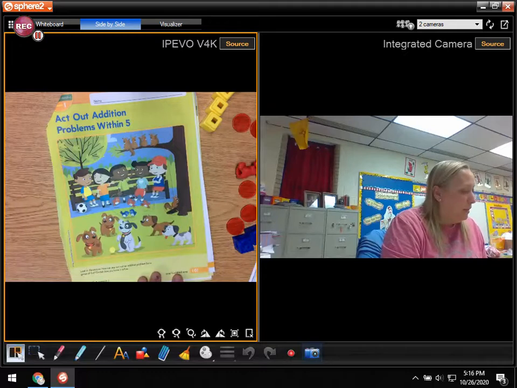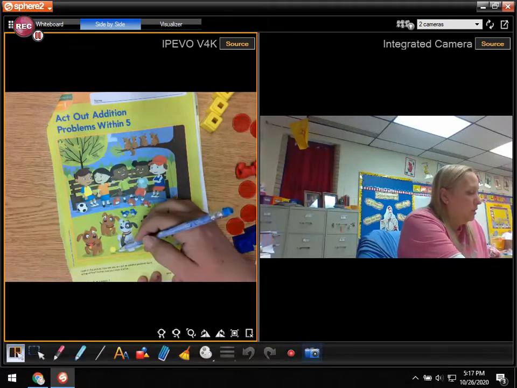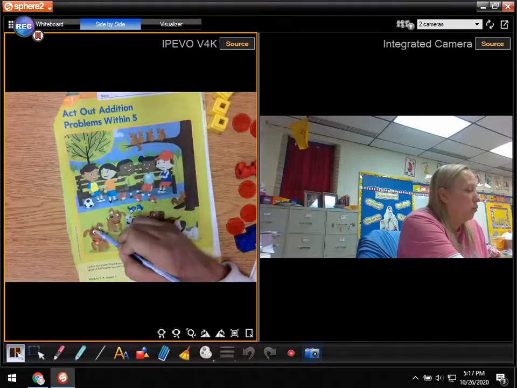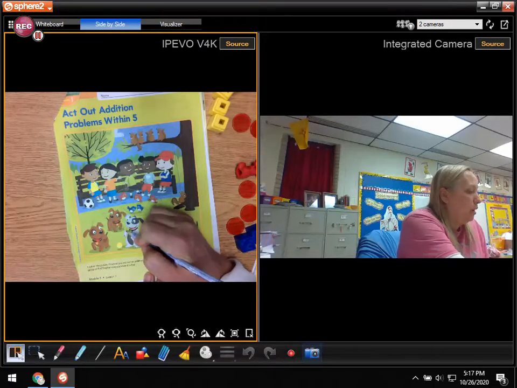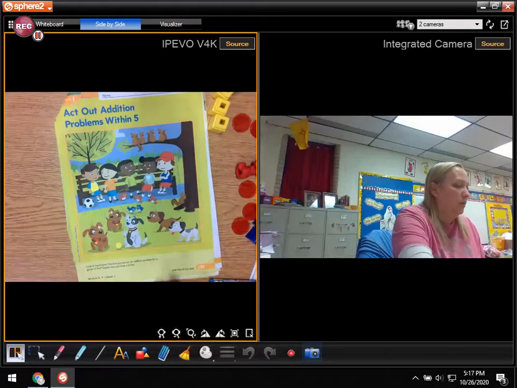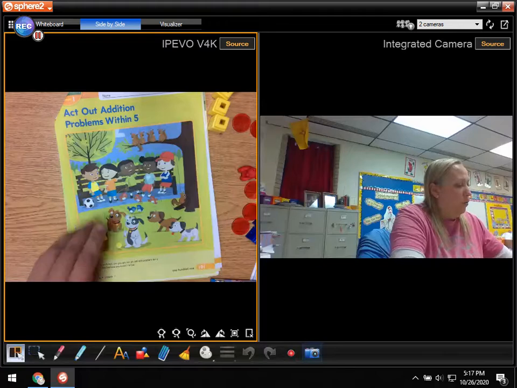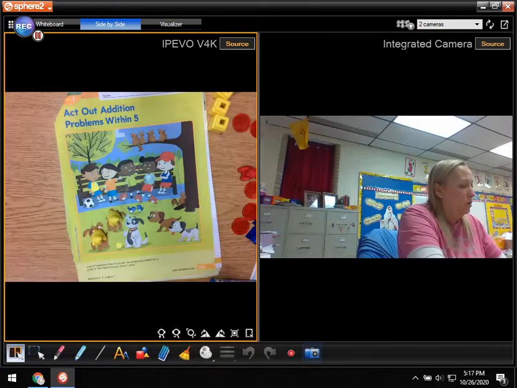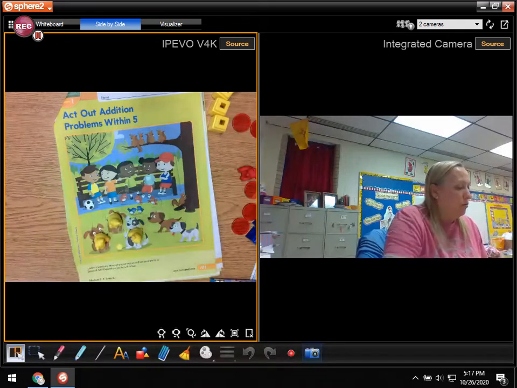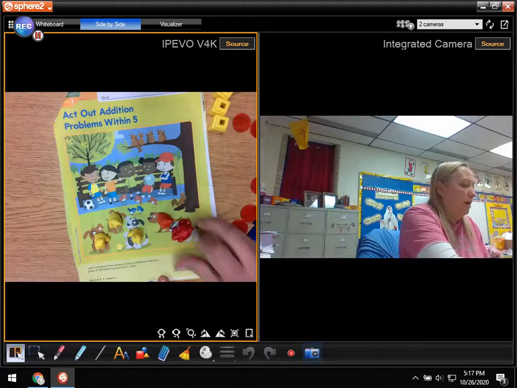Now let's look at our puppies. We have a group here playing with this ball, it looks like, and then we have a little group over here that want to come join in and play, right? So we have 1, 2, 3 playing with a ball over here, and 1 and 2 over here. So we have 3, 4, 5.